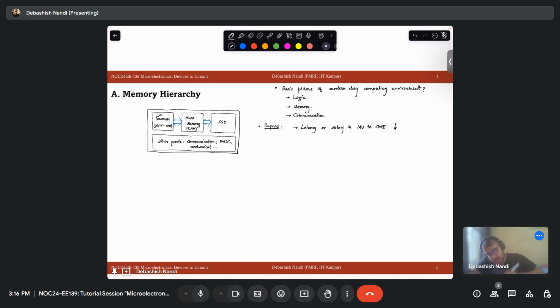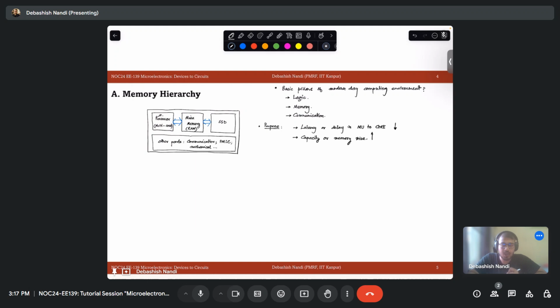Then another very important thing is the capacity, or memory size. You want it as large as possible.